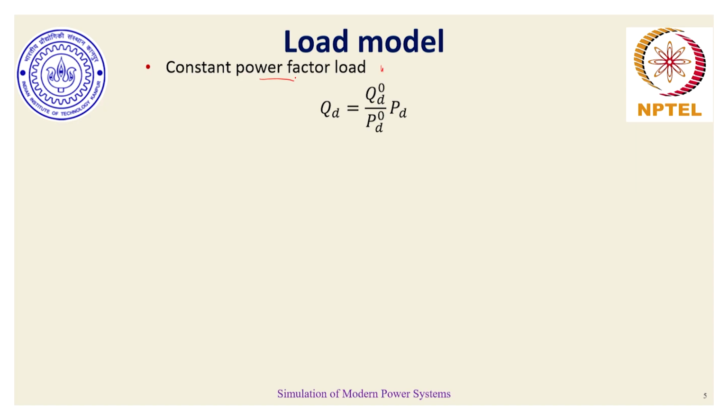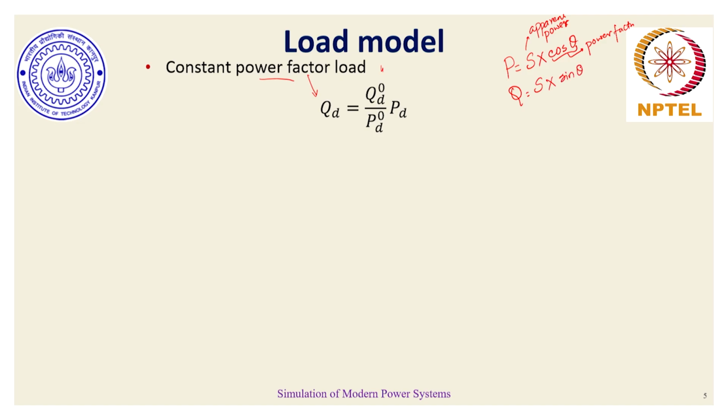Why do we represent the constant power factor load in this form? The answer lies in the fact that our real power is essentially nothing but the product of apparent power S multiplied by cos theta, where cos theta is nothing but the power factor itself. And similarly, reactive power Q is nothing but S times sin theta, where theta remains the same.